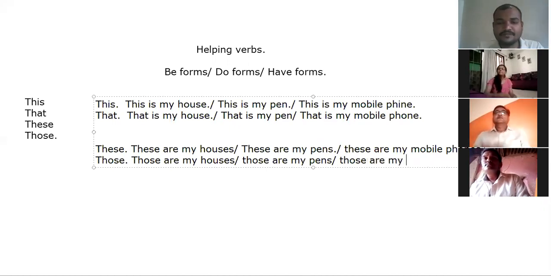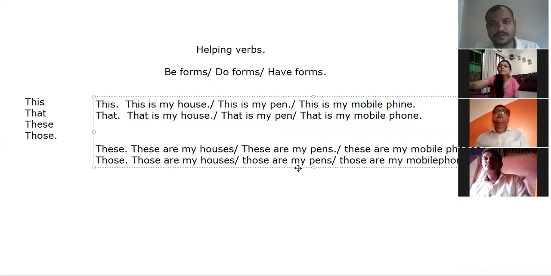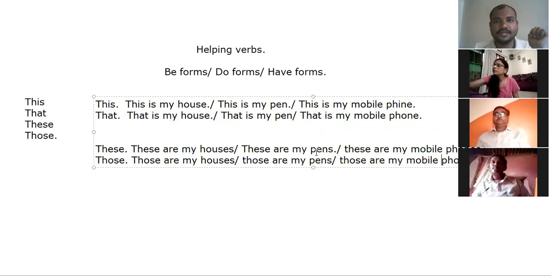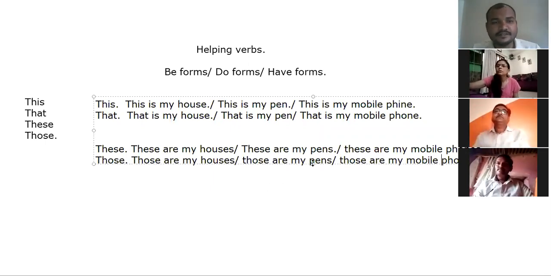Those are my mobile phones. Understood the difference? This, that, these, those. Is it clear to you all?